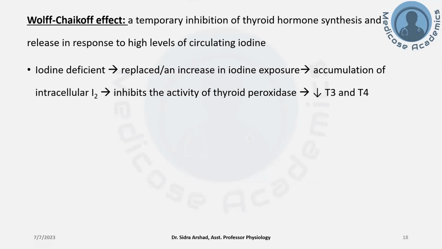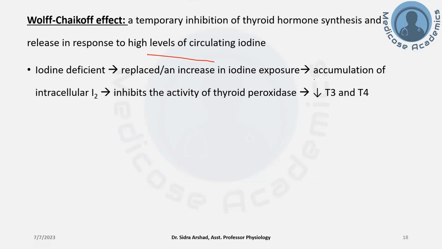This is known as the Wolff-Chaikoff effect. What actually happens is a temporary inhibition of thyroid hormone synthesis and release in response to high levels of circulating iodine. In certain iodine deficient individuals, if they are given exogenous iodine, all of a sudden there is an excessive quantity of iodine available.